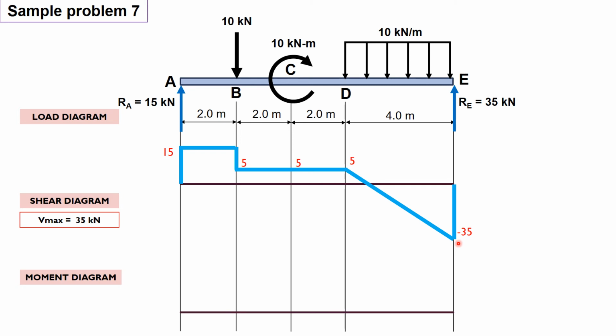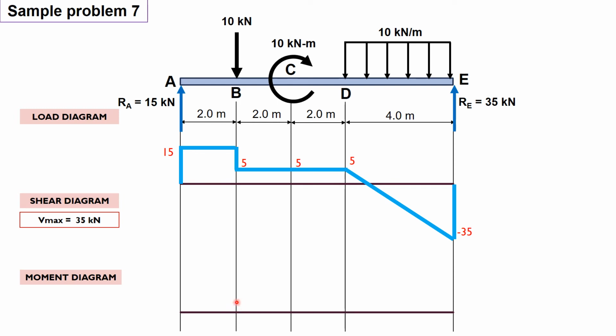Then for the moment diagram, sa A, you have 0 moment. Then punta ka sa B. So that will be 0 plus this area because positive shear diagram. So again, from A to B, you have 15 na ordinate ito. So that will be 15 by 2.